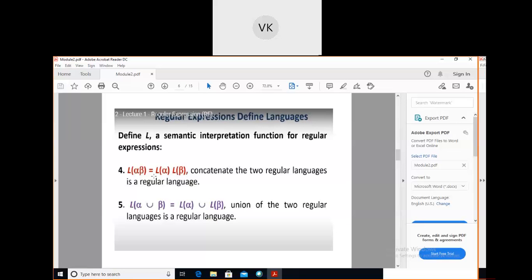L of alpha beta is L alpha dot L beta, the concatenation of alpha with beta, and for union, the union of L alpha and L beta. Just observe these things.